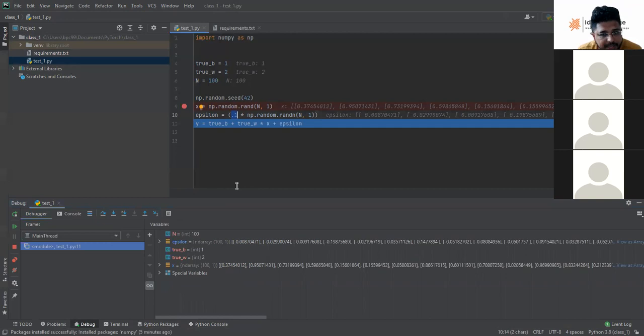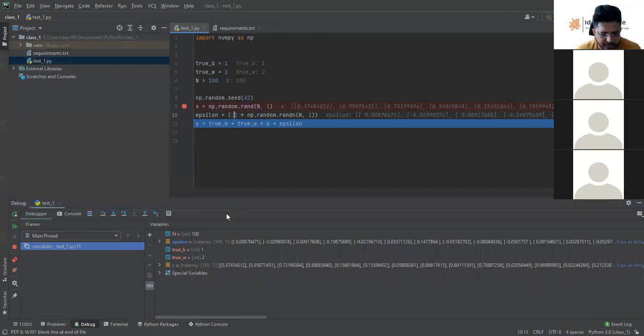Now why am I multiplying 0.1 with it? Because the error is less, right? The error is always less than the original distribution. So if my original distribution is ranging from -1 to +1, then my error range will always be less than that, and not a little bit, but much less than that. So as an assumption, we have done it 0.1.